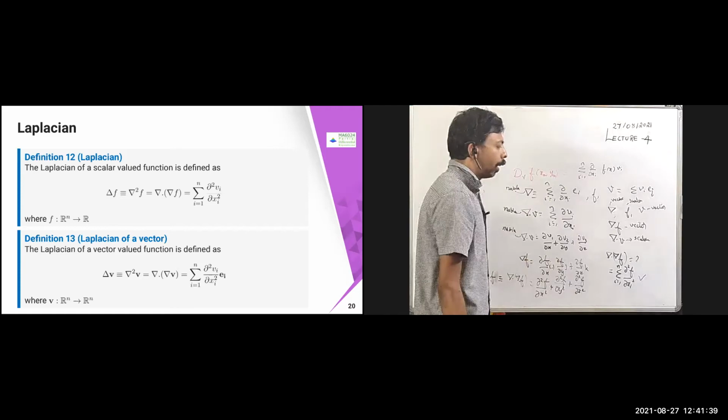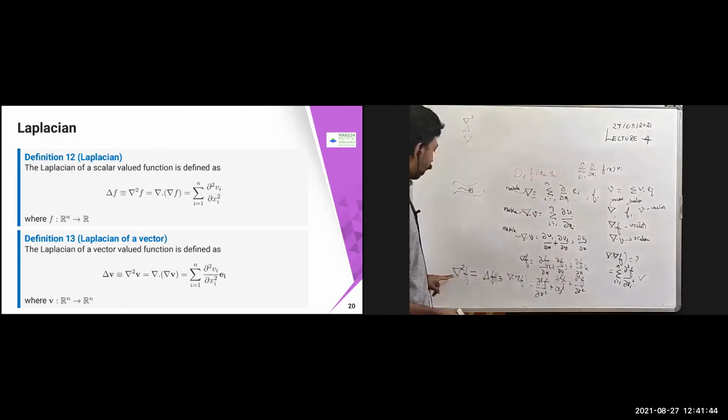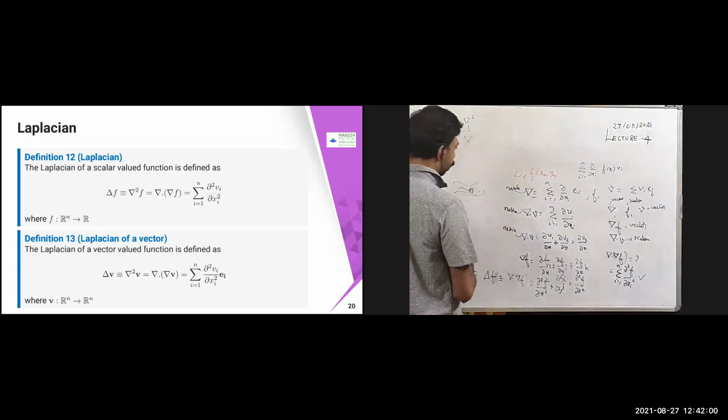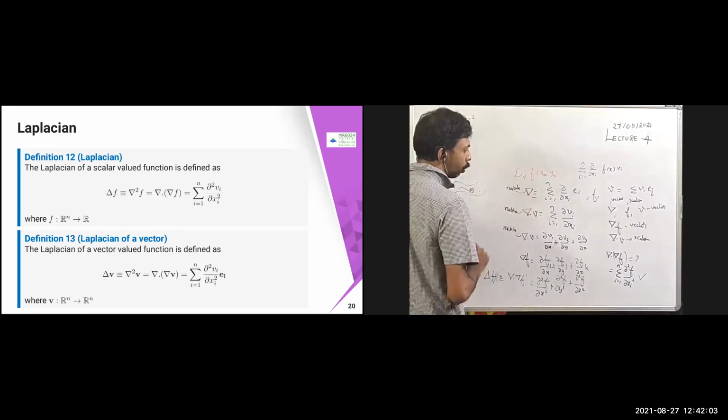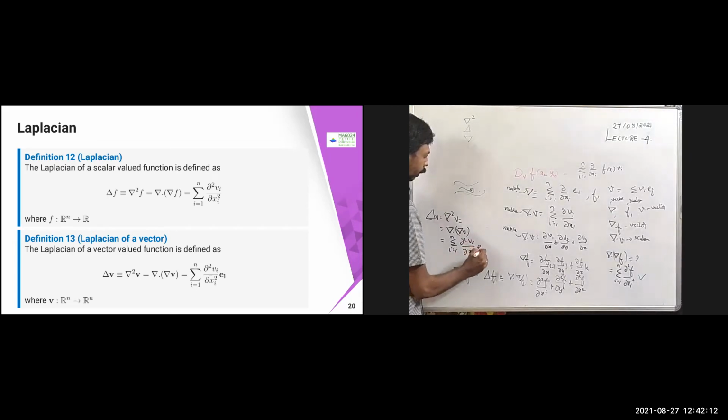Now the Laplacian of a vector. How do we define it? Again, the same thing. Delta V, or del square V, you can define as del dot del V. We have to define what del V is. It is going to become the summation over i equal to 1 to n of dou square Vi by dou xi square times Ei.